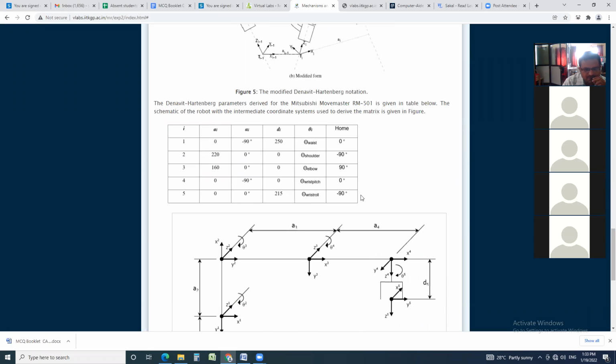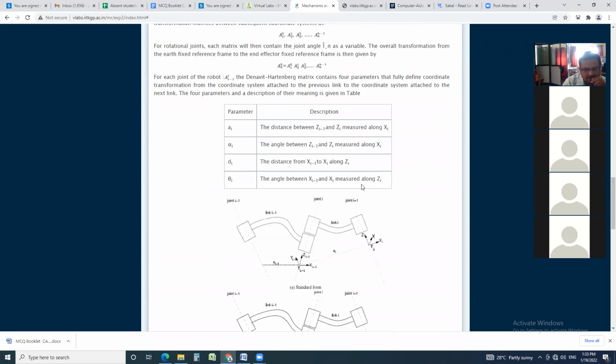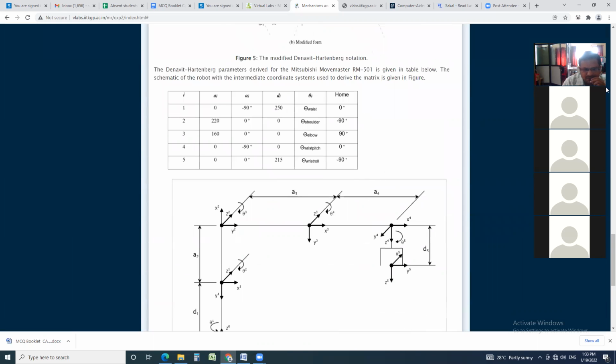Okay, these are the values. Alpha i is nothing but plus minus 90 degrees, and theta i is again plus minus 90 degrees.